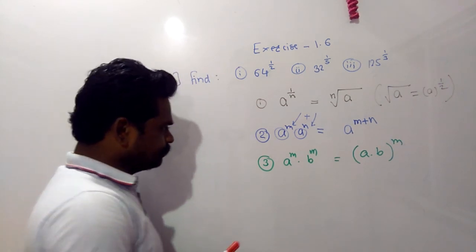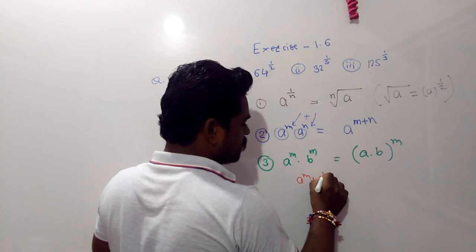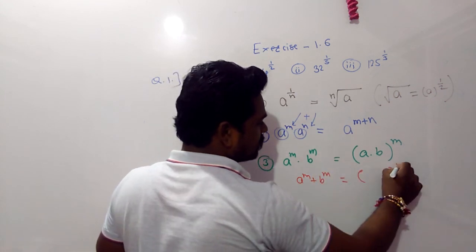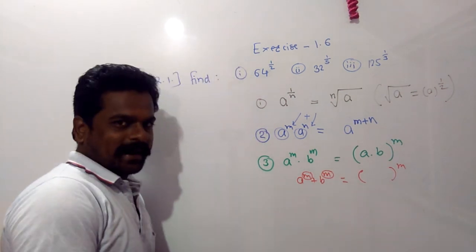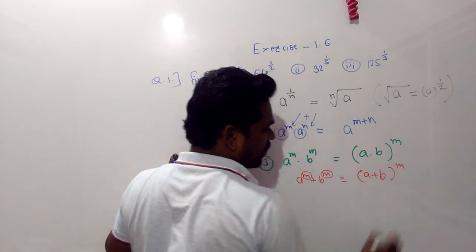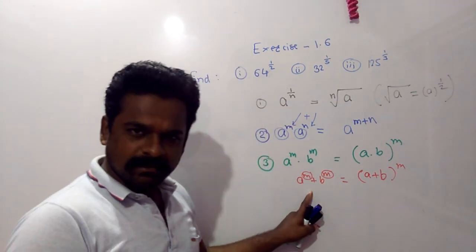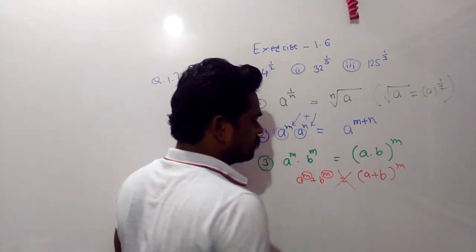But can we write like this? a raised to m plus b raised to m. Can we take the common power outside the bracket and keep the terms left inside as they are? No, it is not possible.